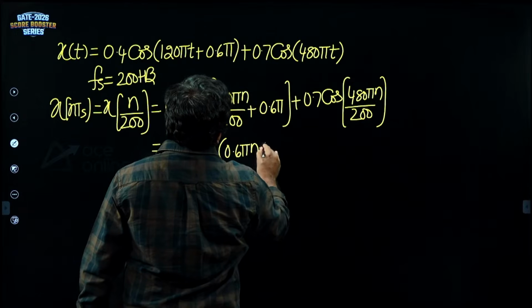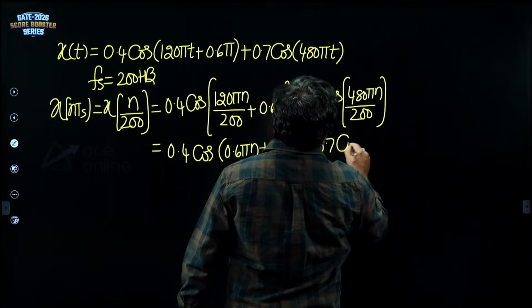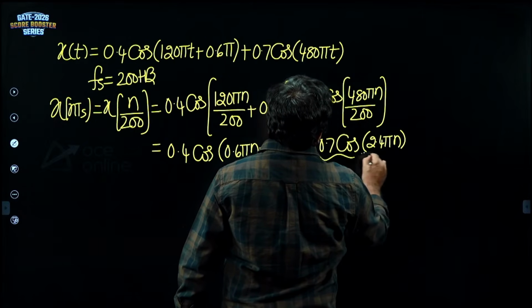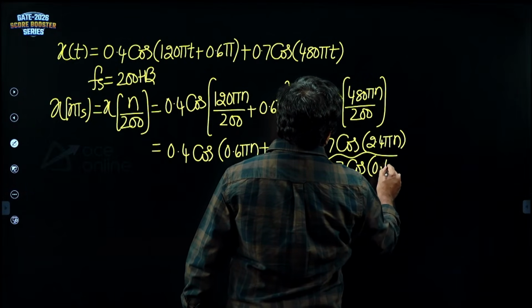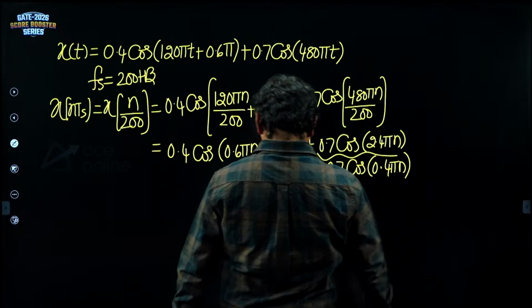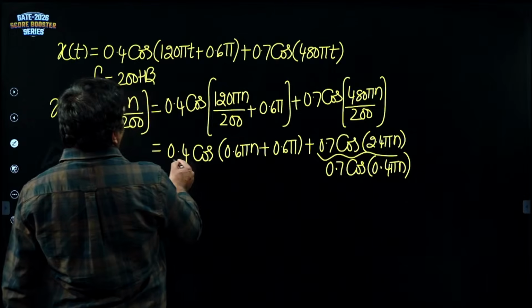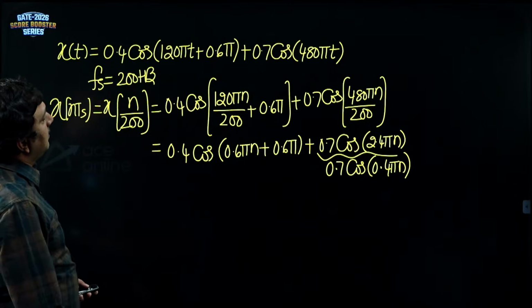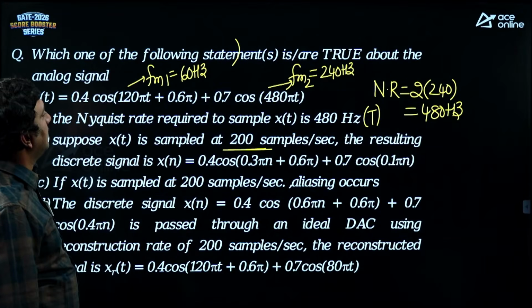For the second term, 480 by 200 is 2.4 pi. But we are aware a discrete signal repeats for every 2 pi. Remove the internal periodicity. So we got the answer as 0.4 cos of this, 0.7 cos of 0.4 pi. But what is stated in option D?